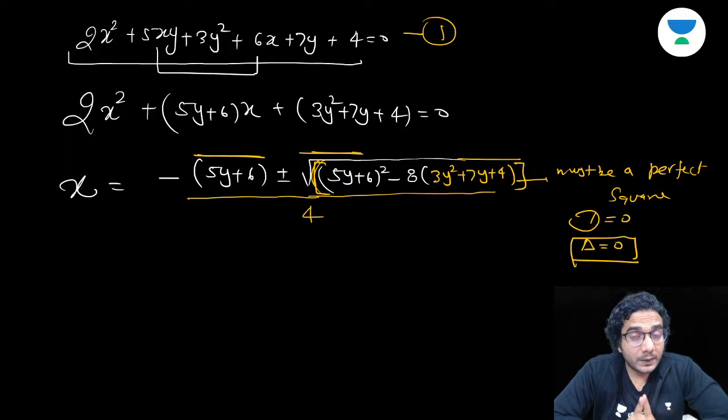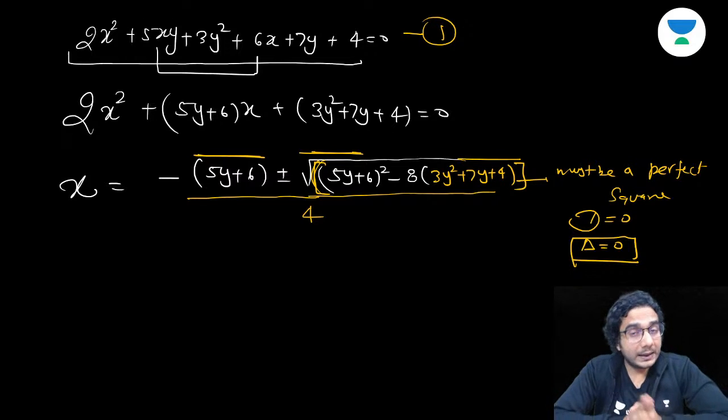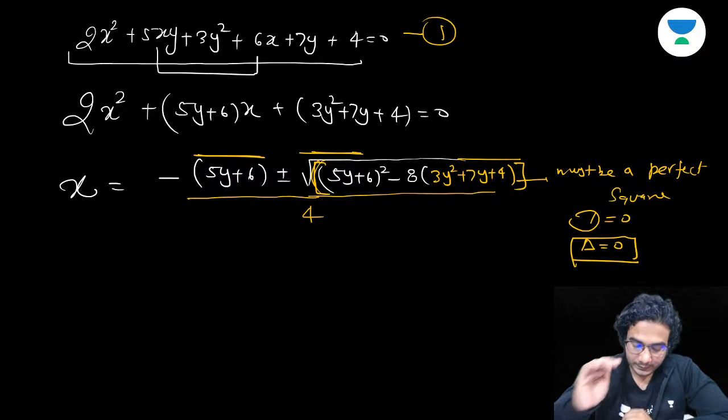To make it a perfect square, the discriminant of that quadratic should be 0, and the discriminant of that quadratic is nothing but delta. Alright, so if delta becomes 0, then that quadratic becomes a perfect square, and a linear expression of y comes out of this square root, and linear plus another linear of y becomes a line. x is equal to a linear expression of y. Alright, so that is the logic.